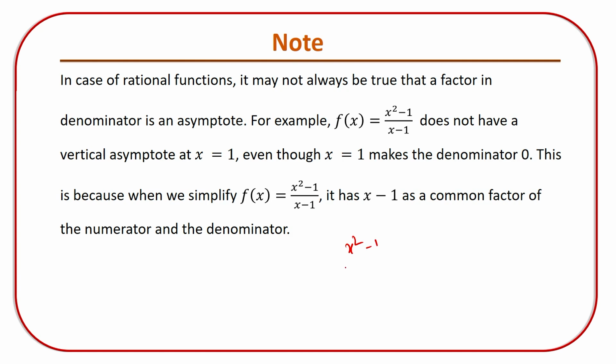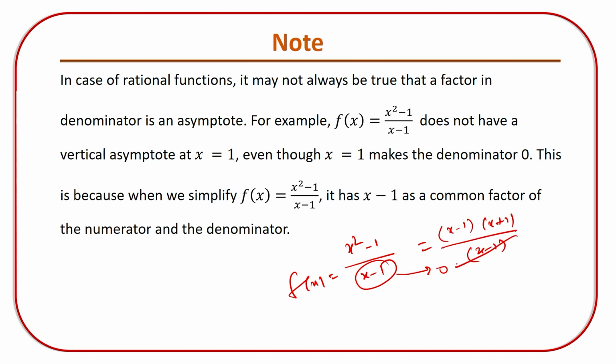This example is one of the good examples where you need to simplify your function. If I want to make the denominator tend to 0, I will do that, but before that I have to simplify my function. Since the numerator is (x minus 1) into (x plus 1) divided by (x minus 1), the denominator cancels out, and the function has the very simplified version x plus 1 only.